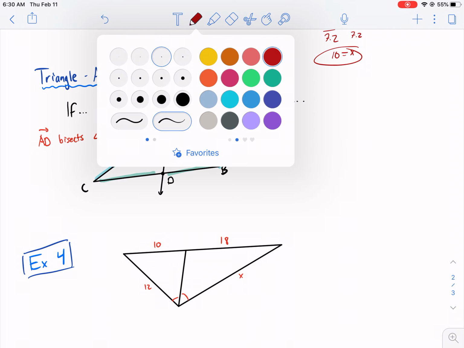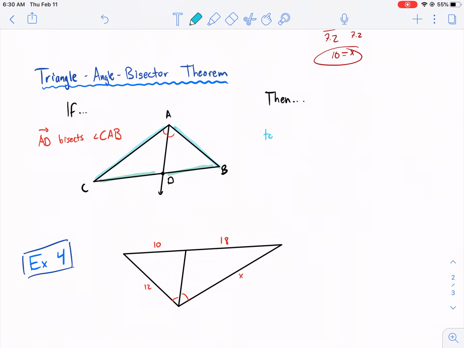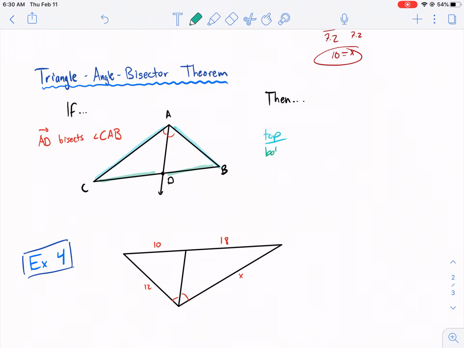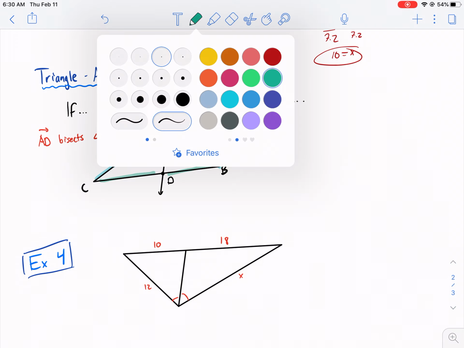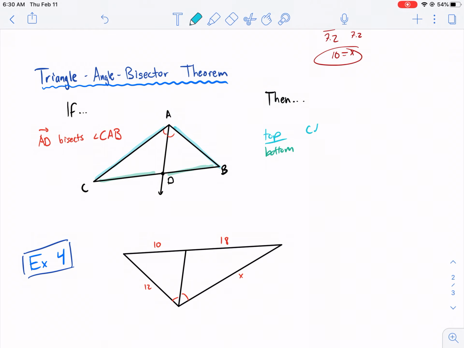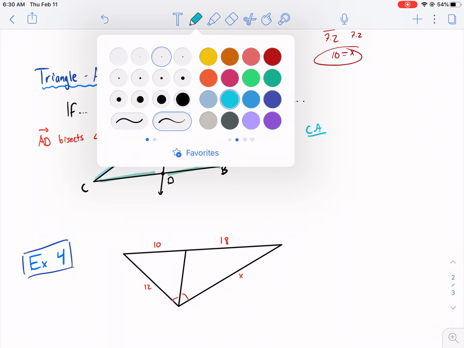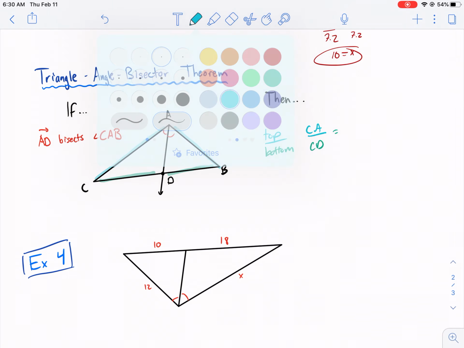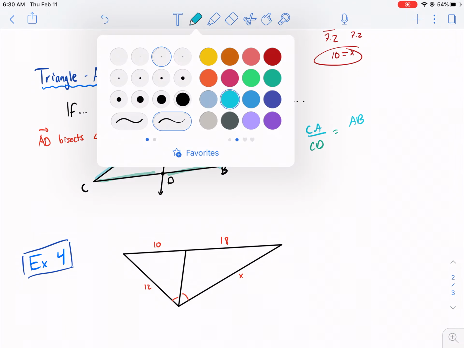Okay, so let me go ahead and write that out. We can say the top part over the bottom part. So that's CA over CD is equal to AB over DB.